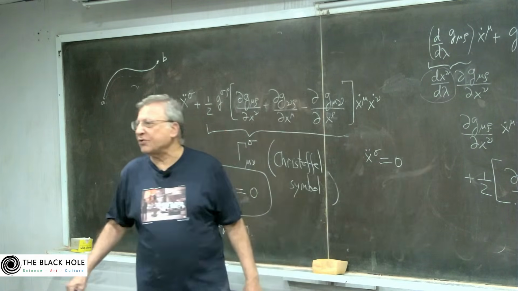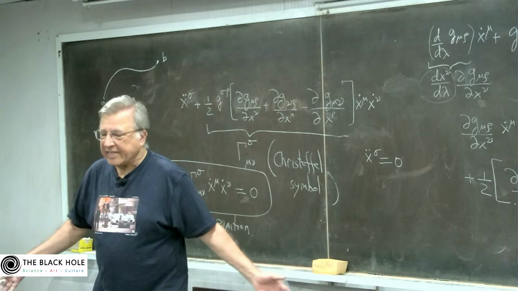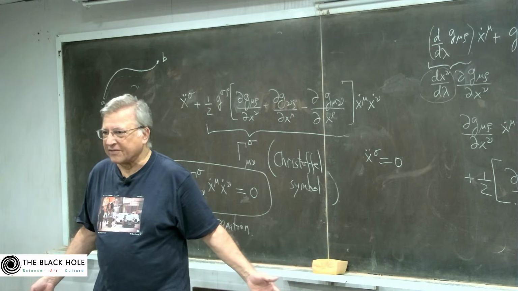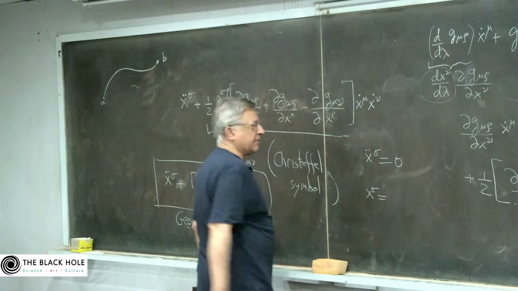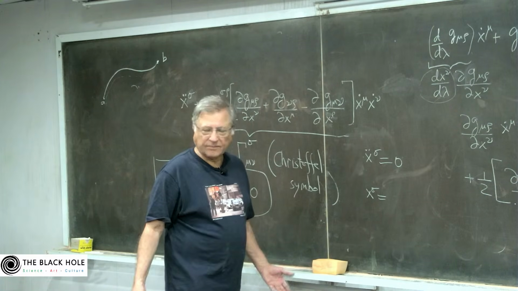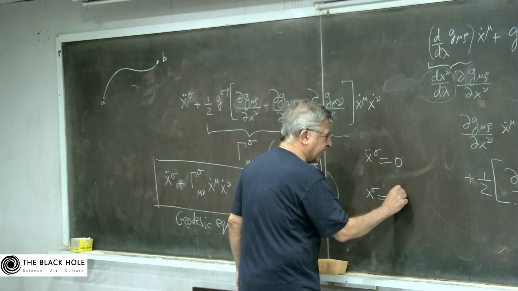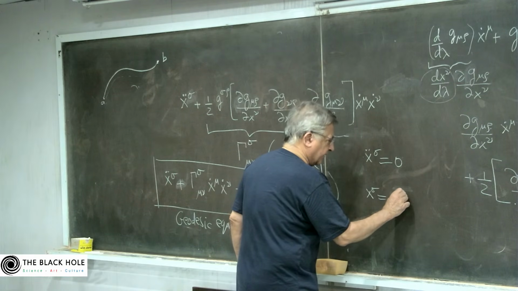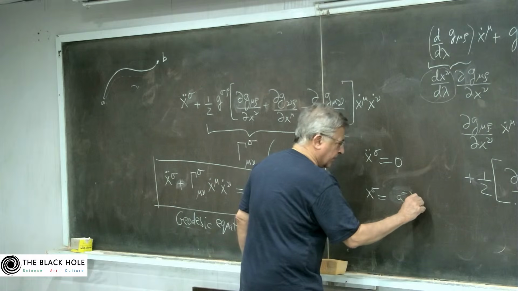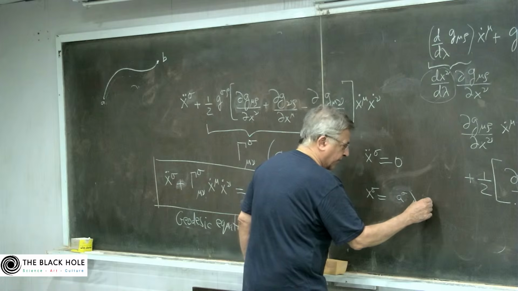And who will tell me the solution of that? Give me the solution. What is the solution of this? x sigma is equal to what? Something times lambda, which carries the index, let's say it's some constant times lambda plus some other constant, whatever, plus constant.